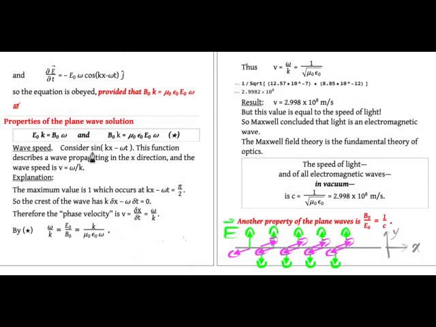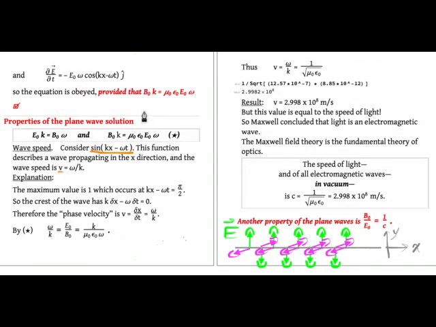Now the electric field and the magnetic field, both fields, have this x and t dependence, sine kx minus omega t. That describes a wave propagating in the x direction, harmonic in time, sinusoidal in space, propagating in the x direction, and the speed of this wave, call it v, is omega divided by k.